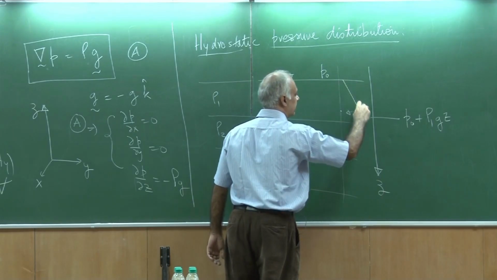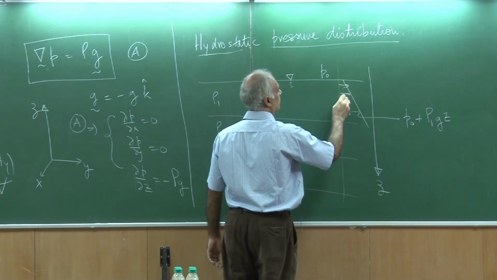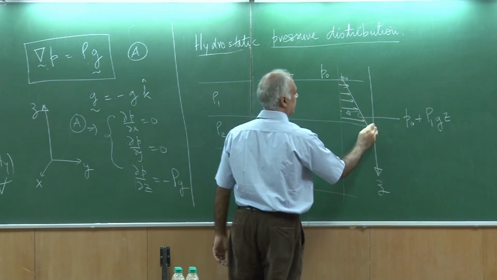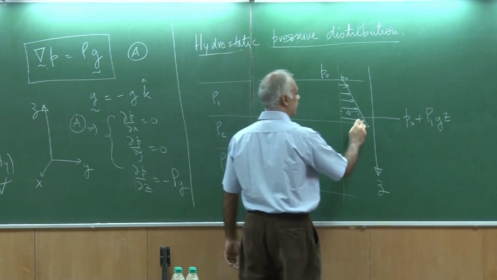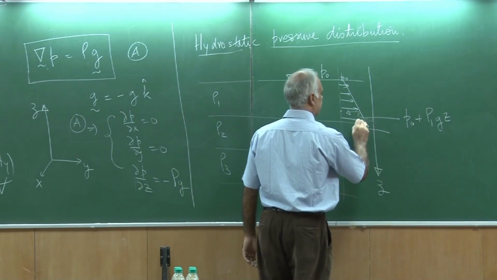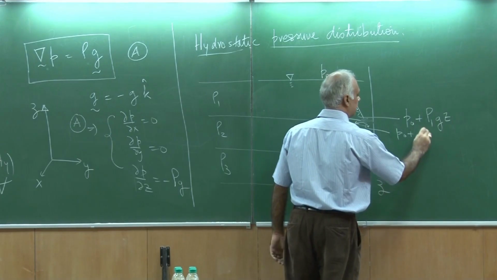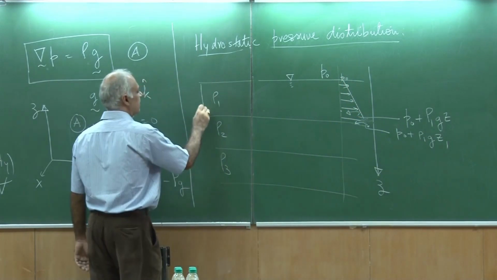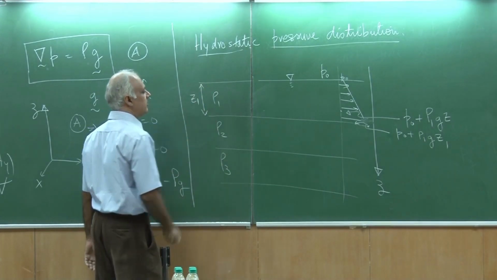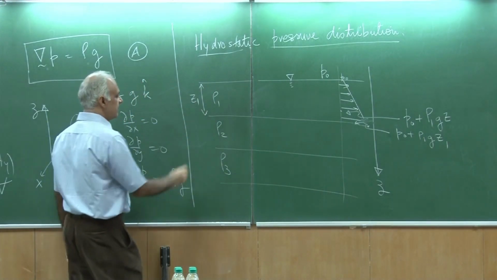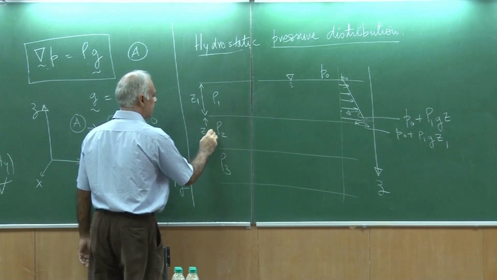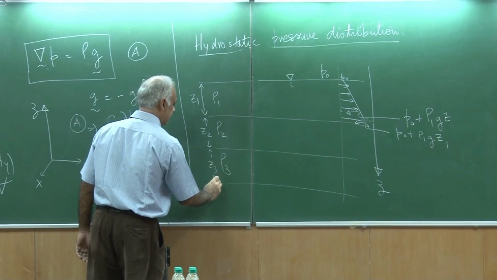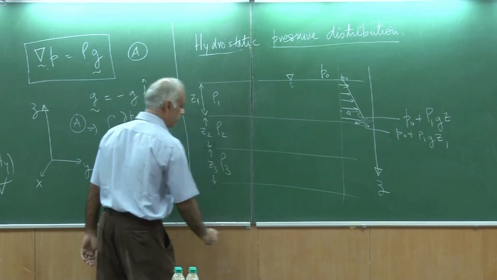So maybe I can draw it. If this pressure is P naught, then this pressure value is given as P naught plus rho 1 g z1, if I call this depth z1. Similarly, I could call this depth z2 and this one z3. And of course, there could be more fluid below this.